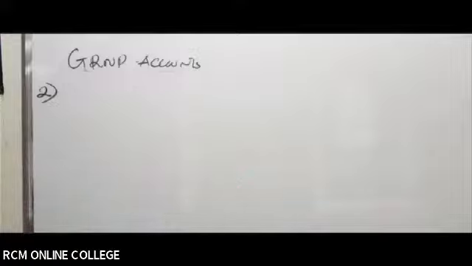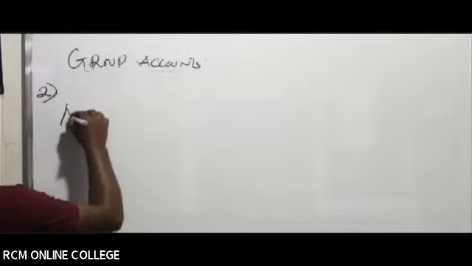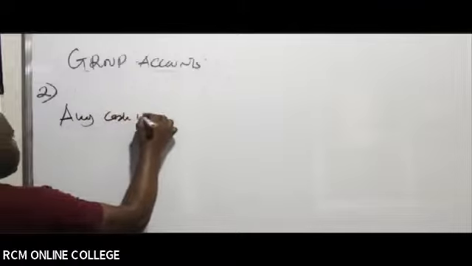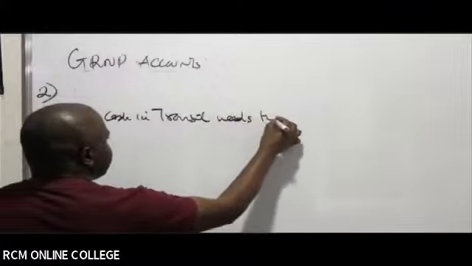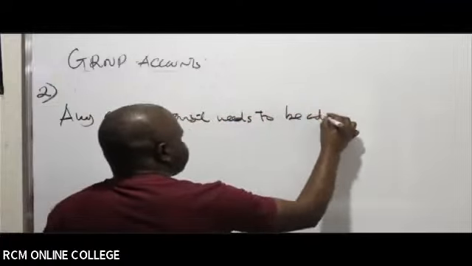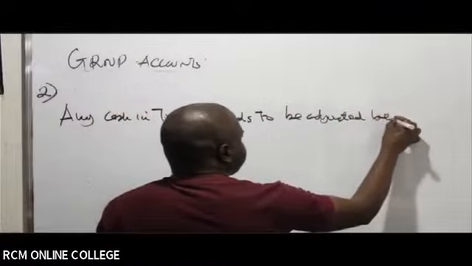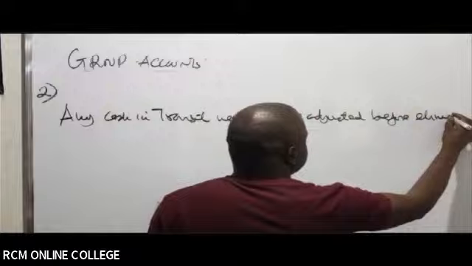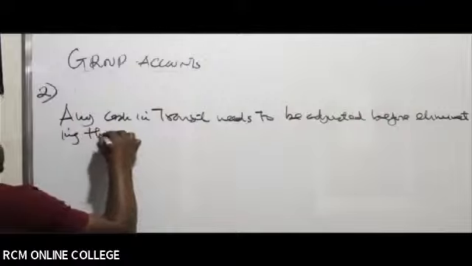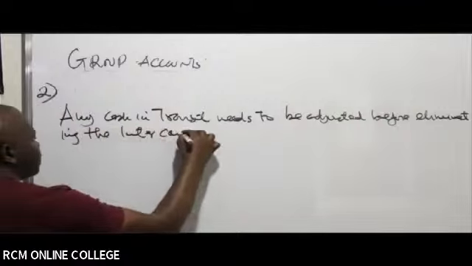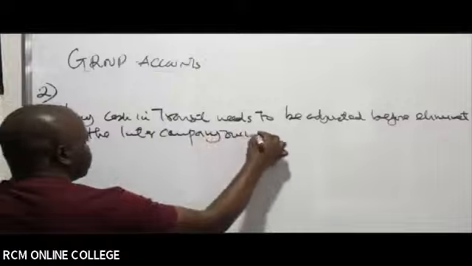So you can write: any cash in transit needs to be adjusted before eliminating the intercompany owings.